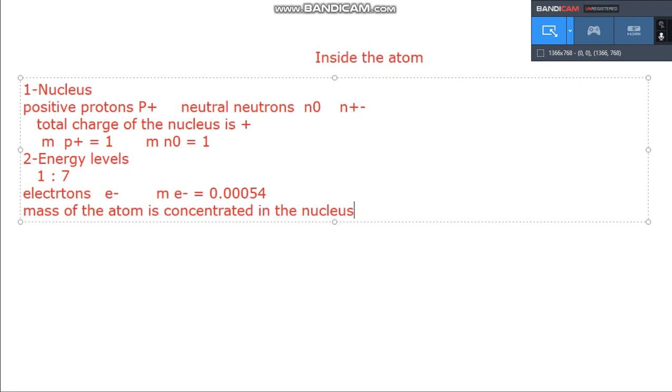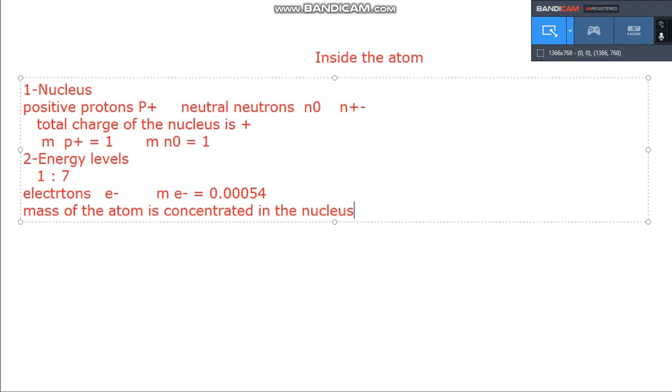Right, it can be neglected. Compared to what? Have you another answer, Saud? Because the mass of protons or neutrons is 1,600 times more than the mass of electrons. Let us not say the number.